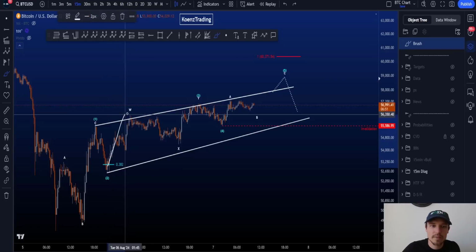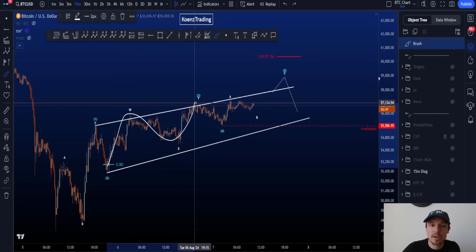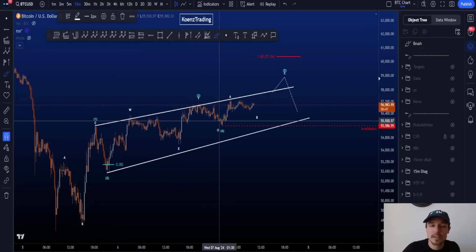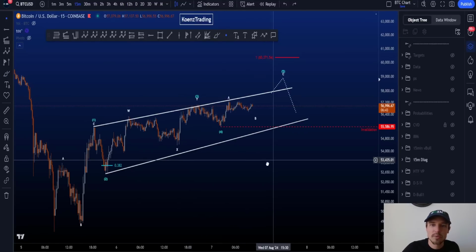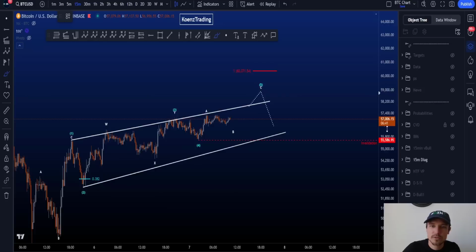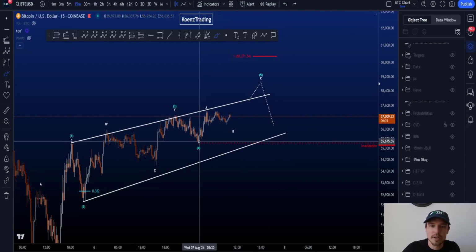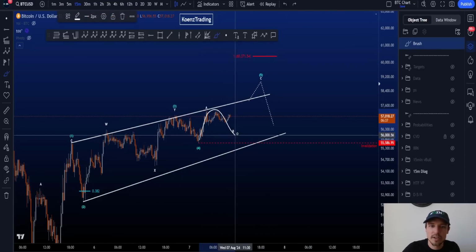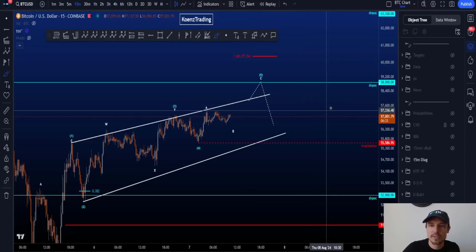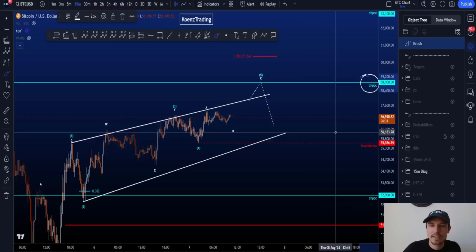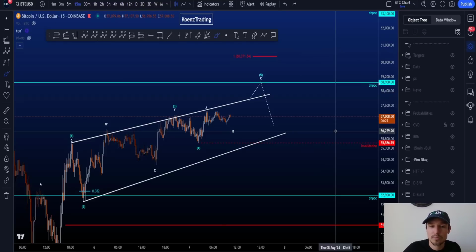After that, we then have a complex WXY double zigzag to the upside in a wave 3, a zigzag structure in a wave 4, and we then look for a final three-wave structure to the upside in a wave 5, a wave A, a wave B, and then a wave C to the upside, where we do have some interesting resistance, which is the daily naked point of control at 58.9k.